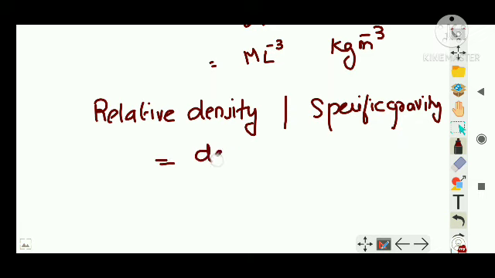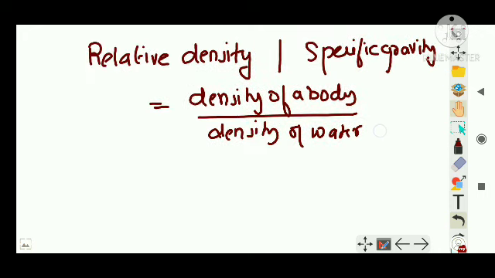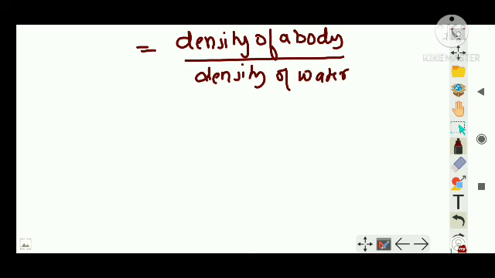It is the density of a body when compared with the density of water. The ratio of density of a body to the density of water is known as relative density.